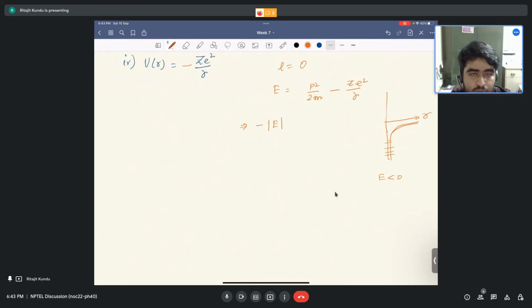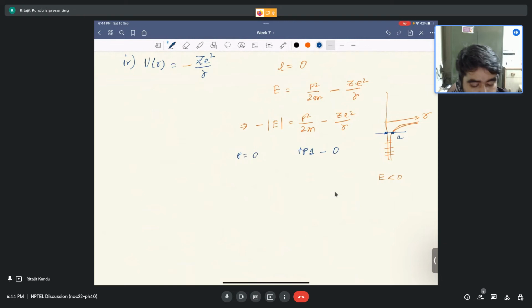So minus mod E equals p square by 2m minus z e square by r. Here also you want to find the turning points. One turning point is sitting at 0, and one turning point is sitting somewhere else, so let's call it A.